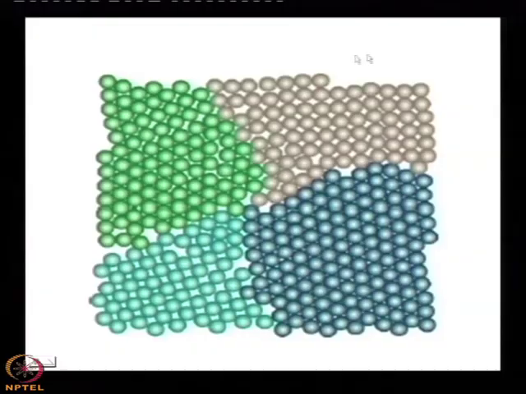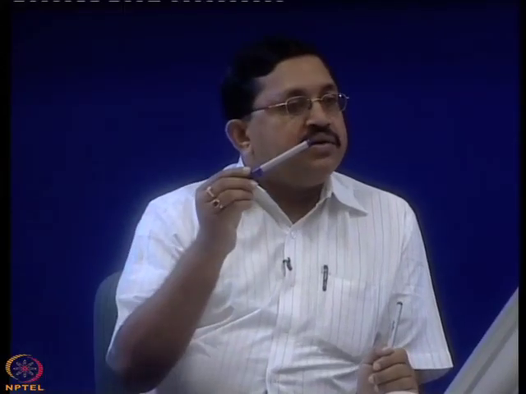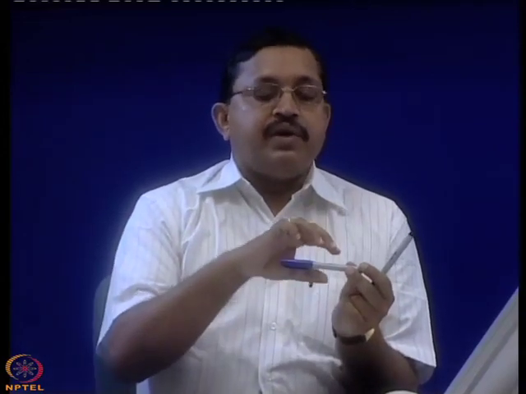But in a polycrystalline material there will be grains, and electrons will move from one end of the crystal to the other end, then only you get some mobility. But if inside the material there are different kinds of grains, then due to scattering at the grain boundary the motion of the electrons will be jeopardized, and consequently the mobility will be less.